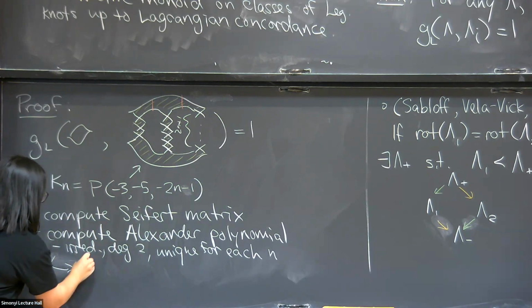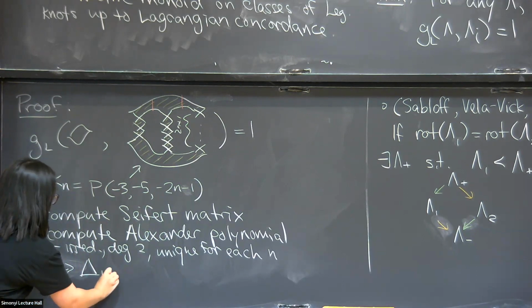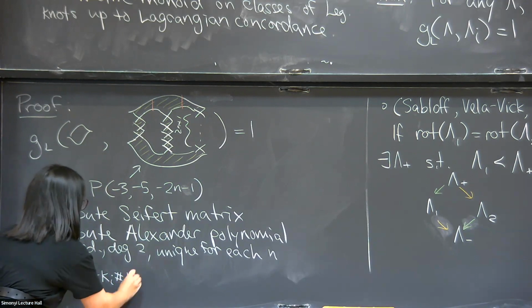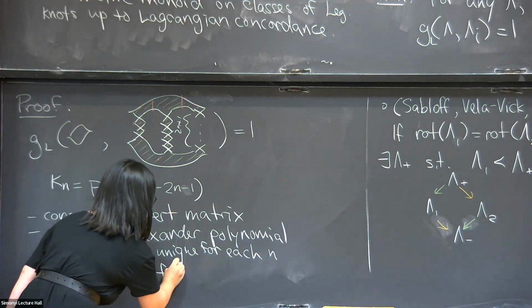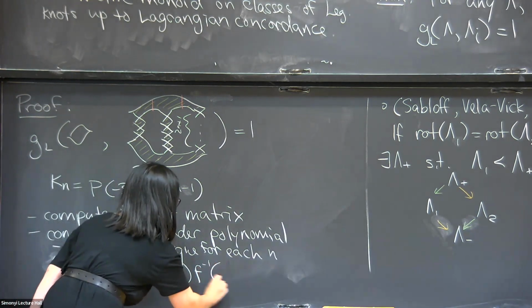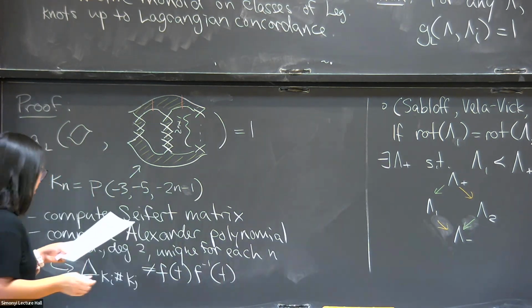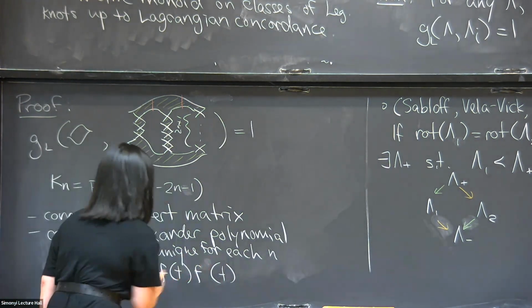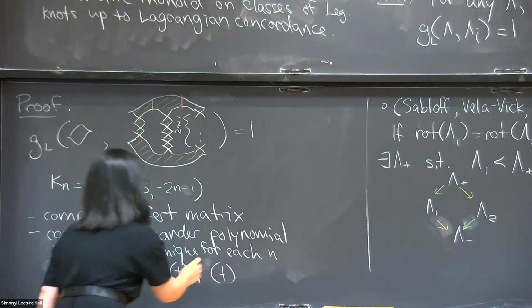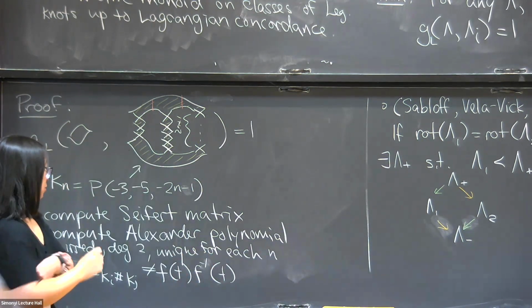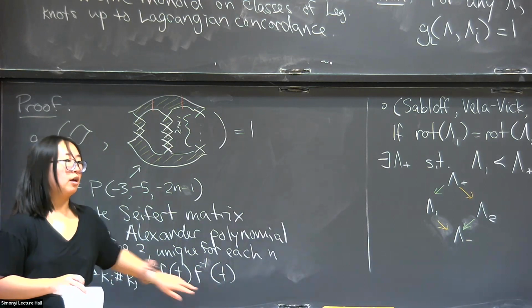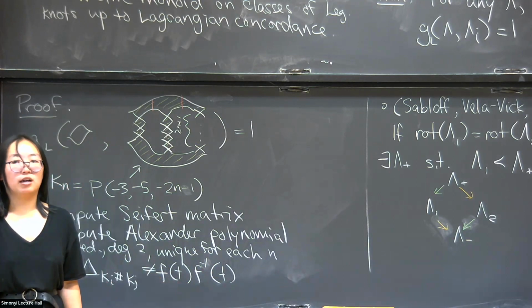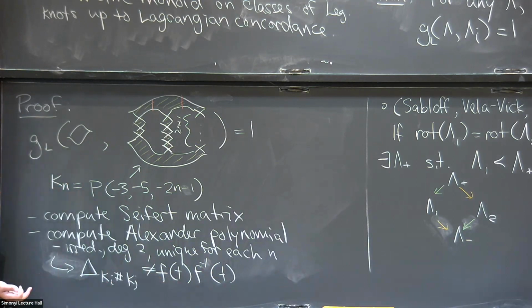I have that the Alexander polynomial of Ki connect sum Kj is not of the form f of t, f inverse of t. Sorry, not that. No, I think it's right. I'm trying to remember if the inverse goes here or here. But basically, I know that it can't be of this form, and that means that it's not going to be smoothly concordant.